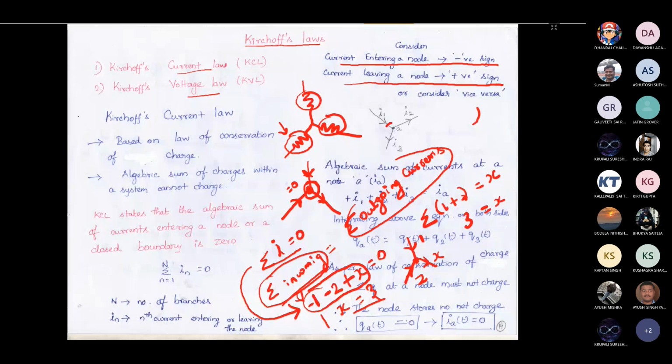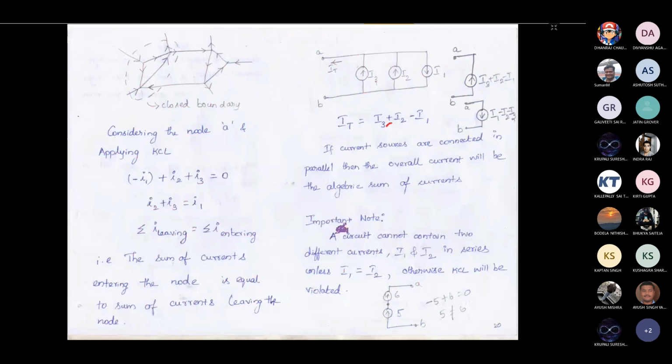Is it fine? Of course, I know that you would have studied this in your 12th standard itself. So this is part of a circuit. In this part of the circuit, irrespective of any node you consider, this node, this node, or this node, you will get KCL satisfied.